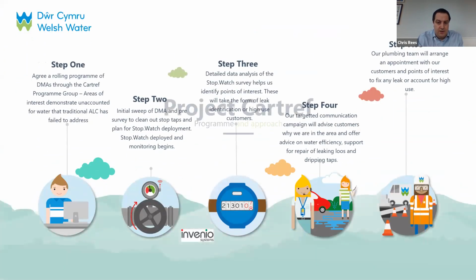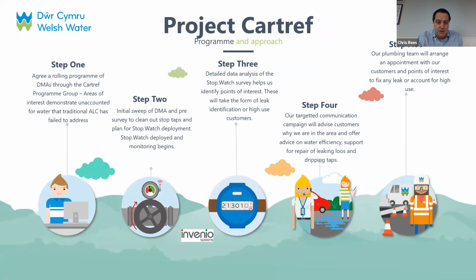Then just a final slide on what we're doing about it, and I touched upon Project Cartref earlier. Whereas in the leakage drive over the last 20 or so years we have concentrated a lot of effort on the distribution side, this redefined understanding of where our leakage is occurring has led to the formation of Project Cartref.